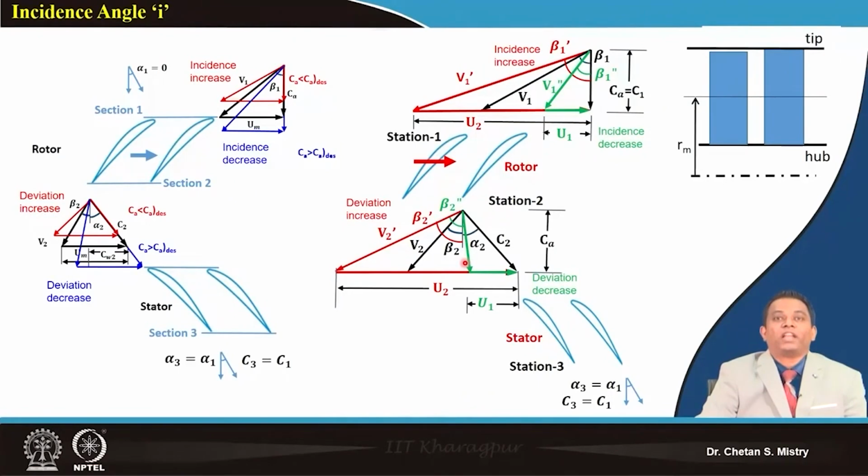It is working at a design incidence condition, it may be working at an increased incidence angle, or at a decreased incidence angle. Because of the change of incidence angle at the entry of my blade, the flow field at the exit is also changing, and that is very important. So let's try to understand the impacts of this change of incidence angle.